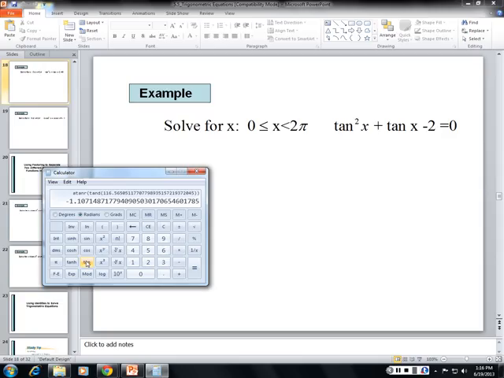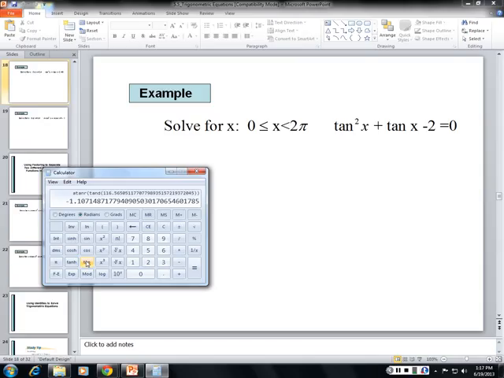116.57. Let's keep it in degrees, then later on we'll work with pi, because we can always convert it into radians just by multiplying by pi and dividing by 180.